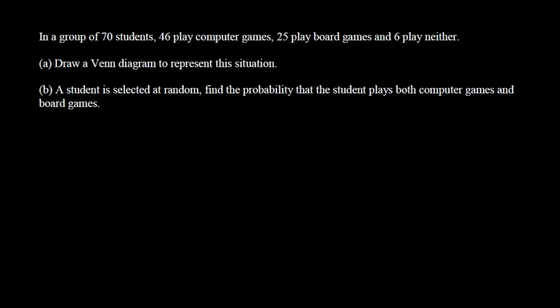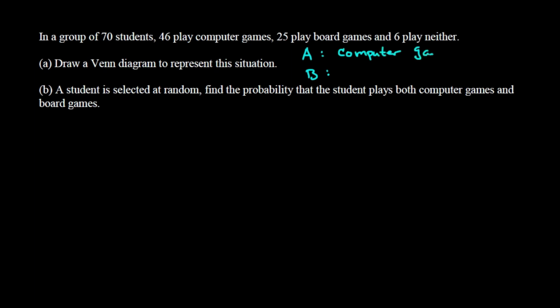So hopefully the word "and" there makes it clear to you that you're actually looking for the overlap in your Venn diagram, the intersection. So before we get to a Venn, let's be clear that we have 2 events. It doesn't matter what you label them, but I'll just go with kind of the industry standard A and B. And event A is going to be the event that a student plays a computer game. So I'll just say computer game.